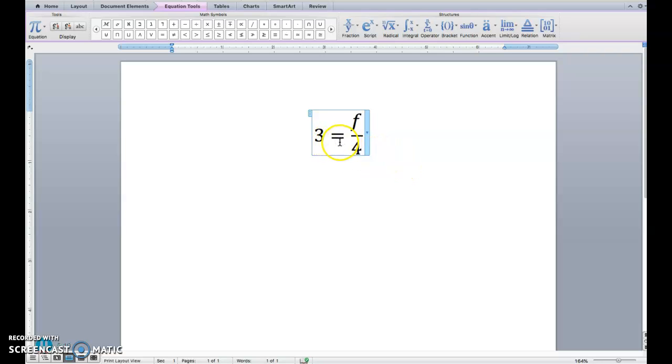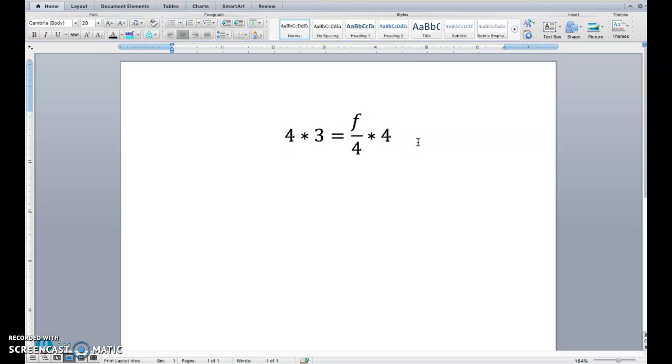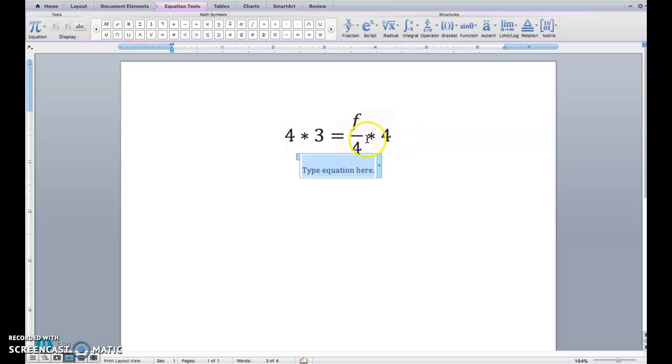And let's see. I need to undo dividing by 4. Well, to undo dividing by 4, I'm going to multiply by 4 on the right side of the equation. If I multiply by 4 on the right side of the equation, I've got to multiply by 4 on the left side. So there you go. All right. So we said multiplying by 4 and dividing by 4 cancel each other out.